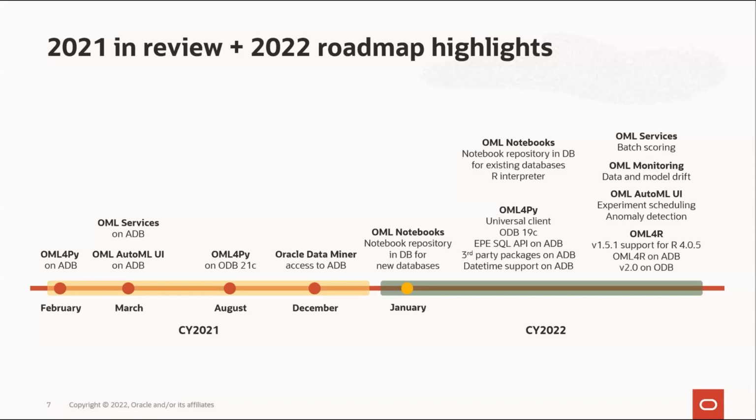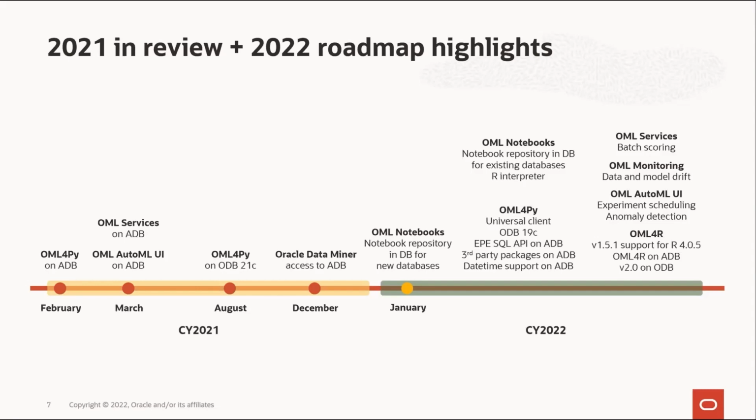Also, we'll be adding an R interpreter to OML notebooks in support of OML for R to further enable Autonomous Database as a data science platform. We also plan a new monitoring interface on Autonomous Database for data and model drift detection. And I'll give an illustrative example of what we have planned toward the end of today's session.